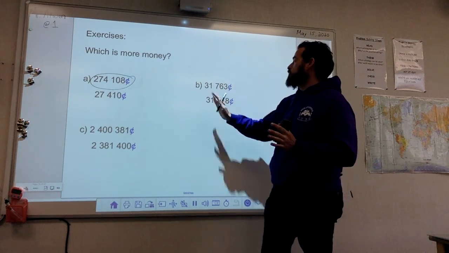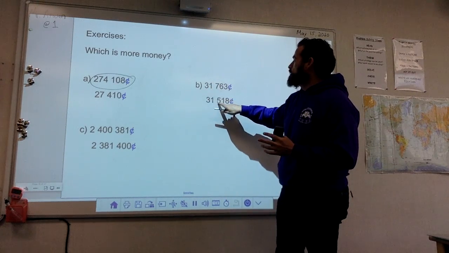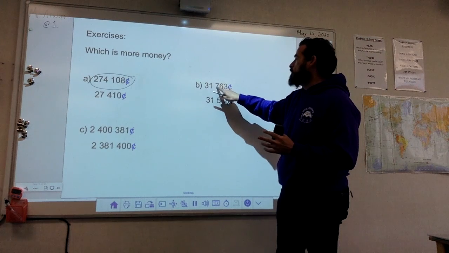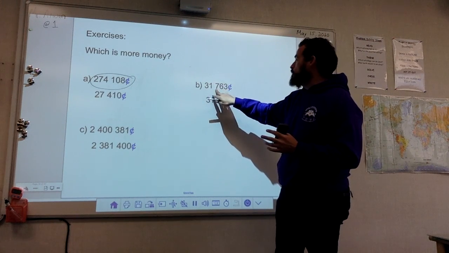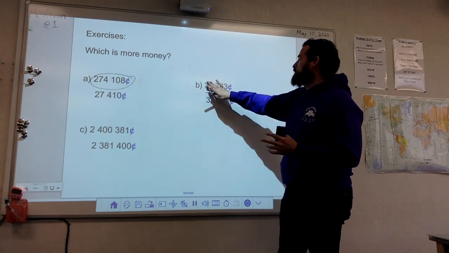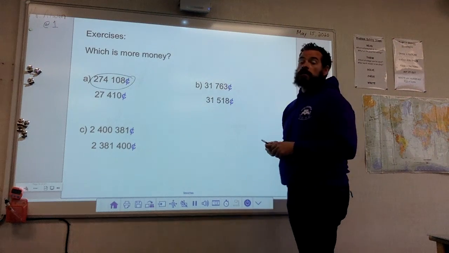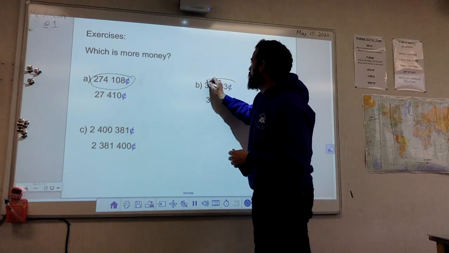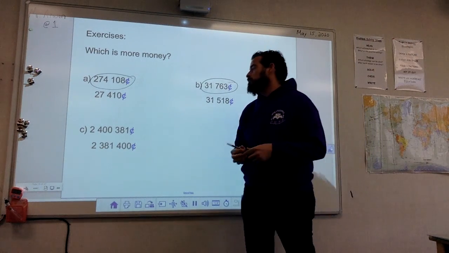So again, the same. So far, we can't tell. But it's when I get to the hundreds place that I see a 7 versus a 5. So, since 7 is bigger than 5, and the first two places are the same, that indicates to me that 31,763 is going to be more money than 31,518 cents.